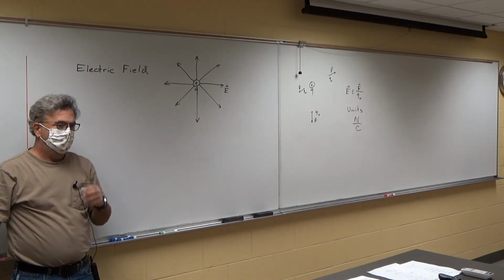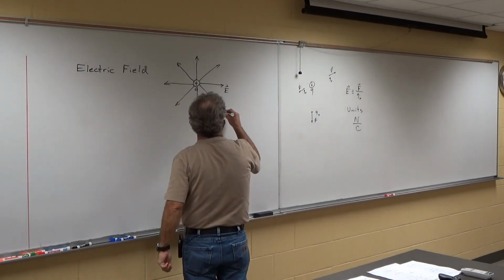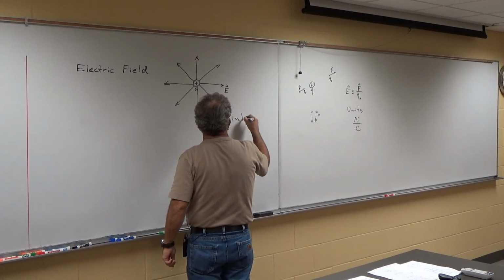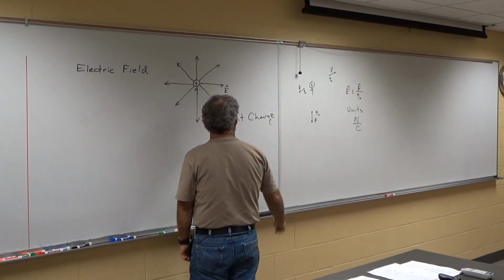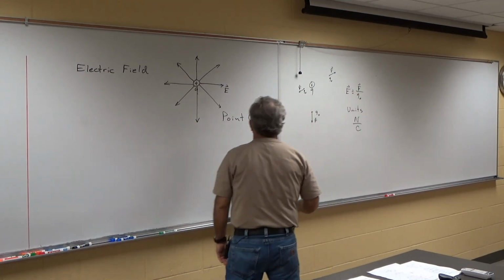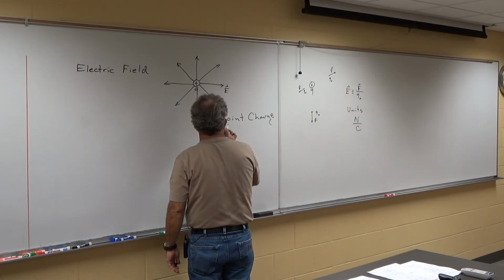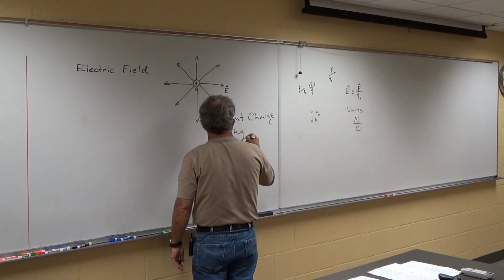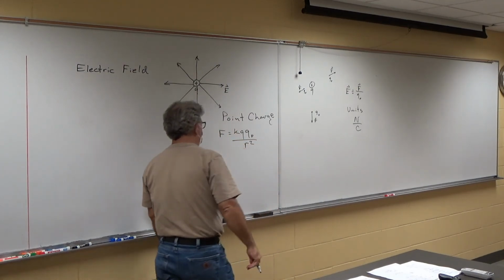Okay? So for a point charge, this is the electric field due to a point charge. I know that it's F over Q naught. F is equal to, in magnitude, K Q naught over R squared, right?